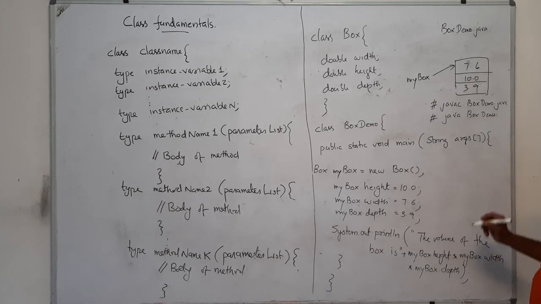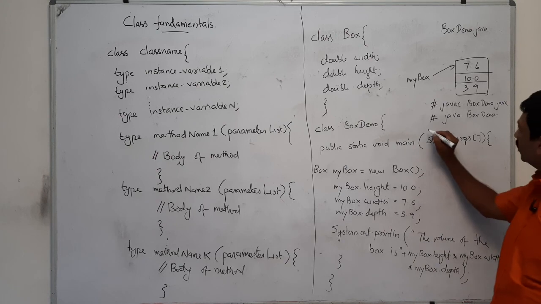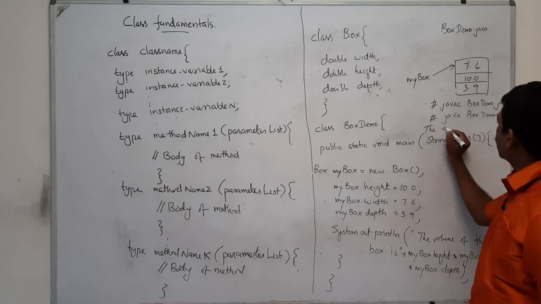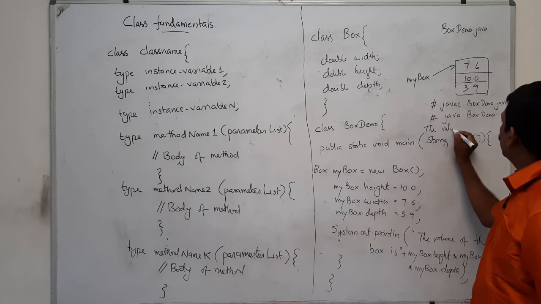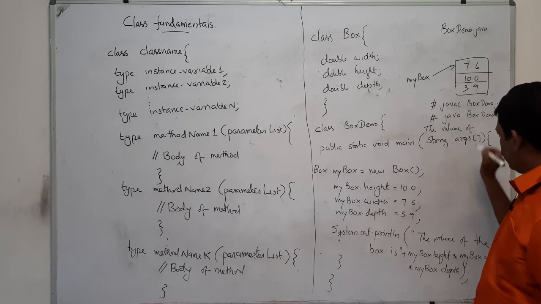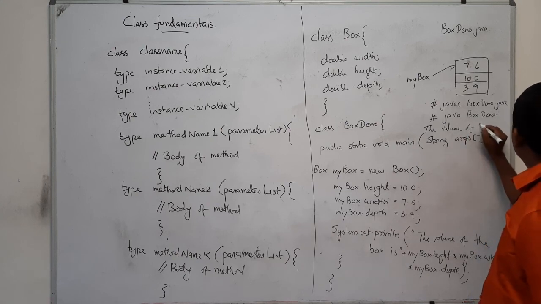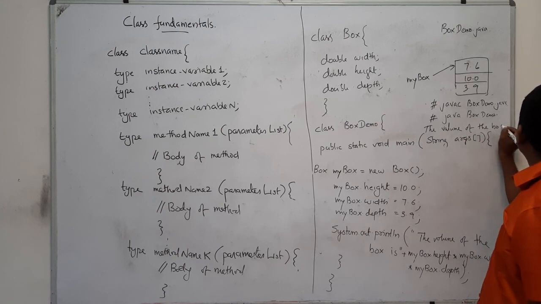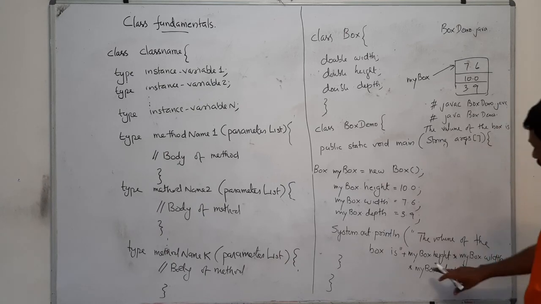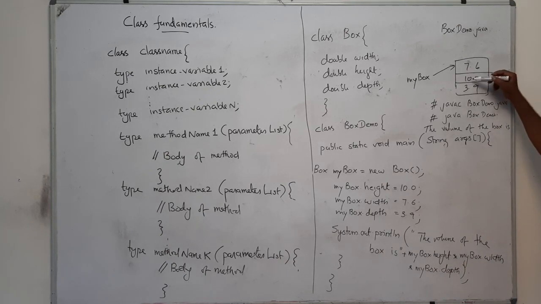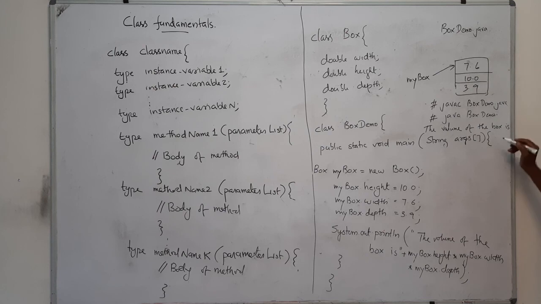Then what will happen? It will print the volume of the box is, suppose that it is 210, an approximate value, then volume of the box is 210. That will be displayed.